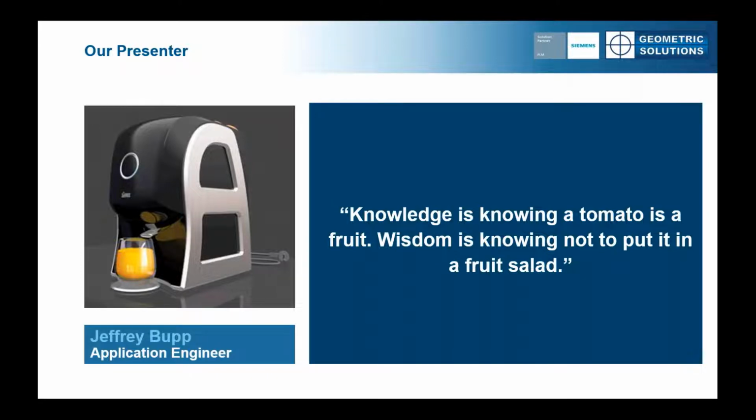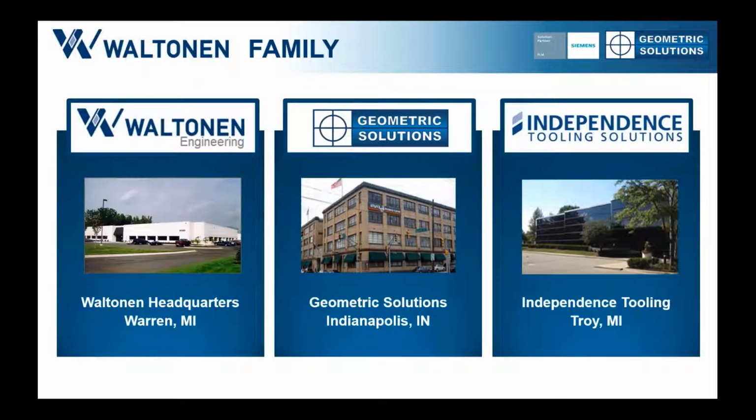Now, just briefly about the company that we work for. We work for Geometric Solutions, which is part of the Waltonen family of companies. At Geometric Solutions, we sell Siemens software solutions. At Waltonen Engineering, we have hundreds of engineers and designers using that software.